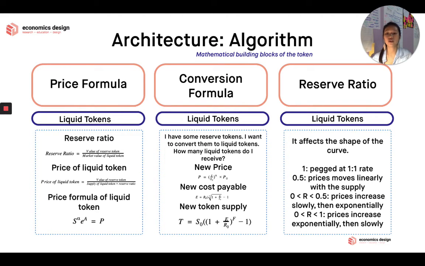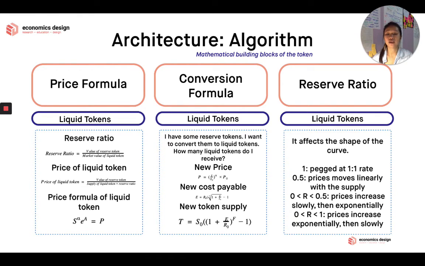The value of reserve tokens will be the value of DAI, so maybe $100 worth of DAI. And the market value of liquid token has to be 200, because the ratio has to be half, right? So market value has to be 2 times the reserve token. And market value of liquid token means the price times supply of BNT.